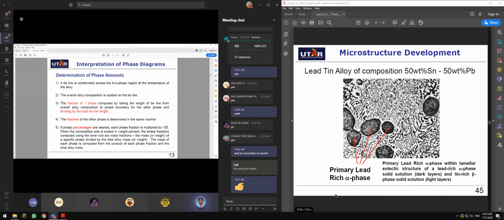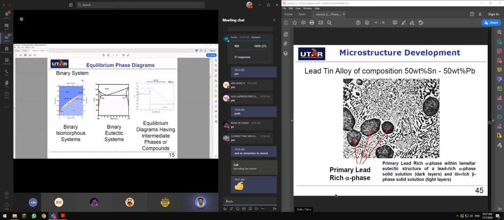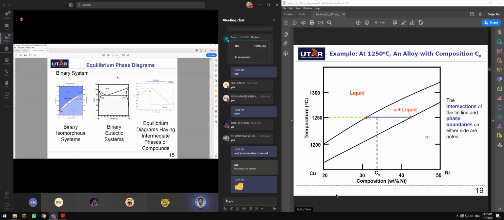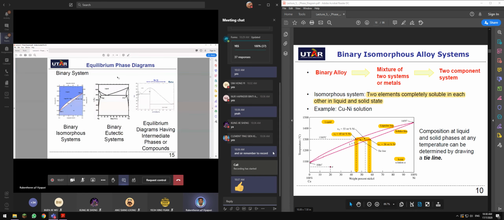And how do you interpret this phase diagram? Binary, eutectic, and so on.